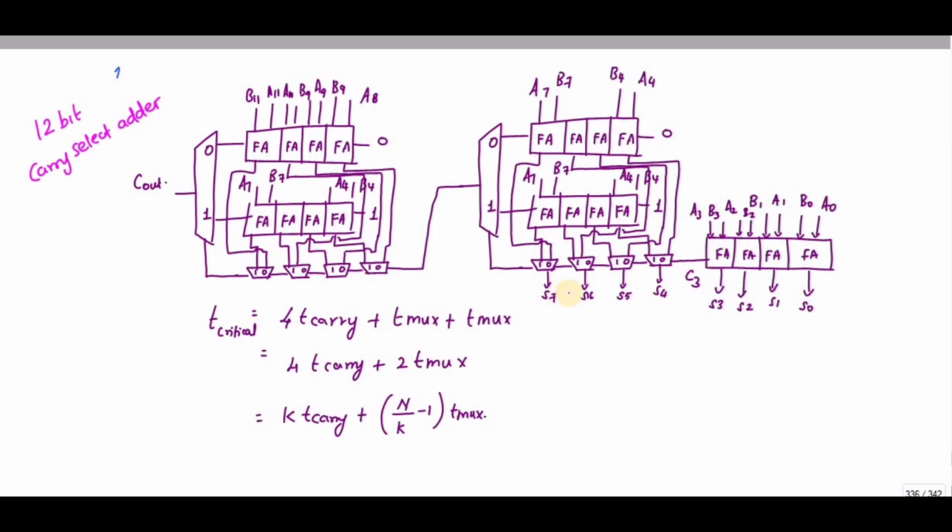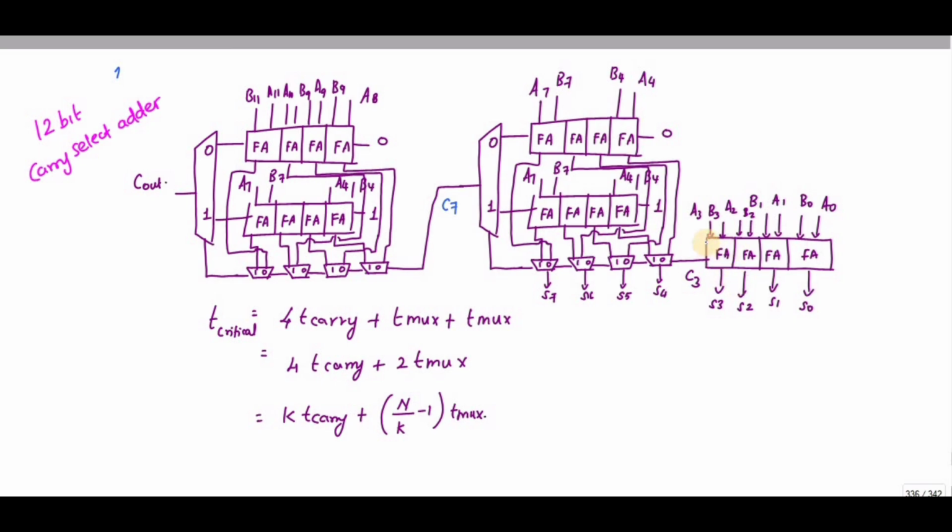Based on the value of C3, using this mux, I can select the value, and it is ranging from A4 to A7, the input bits. Similarly, if this is C3, this is the C7 value. So this C7 value will predict the value of Cout. Okay, so I can write the total critical path as 4T carry.